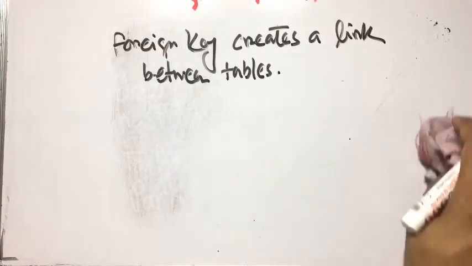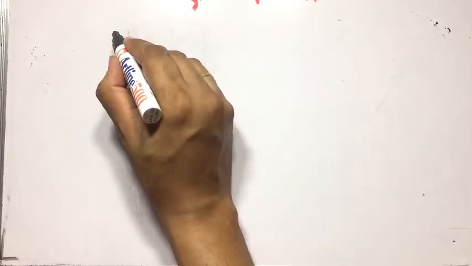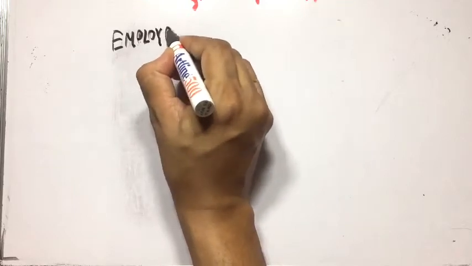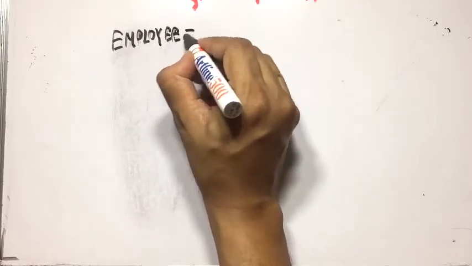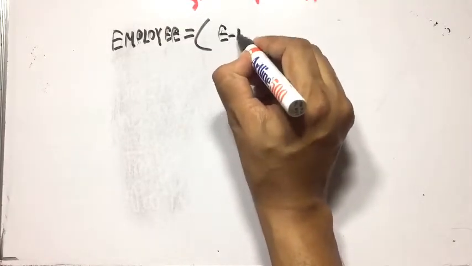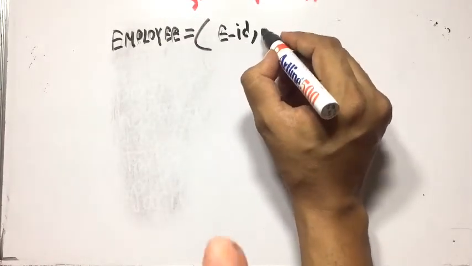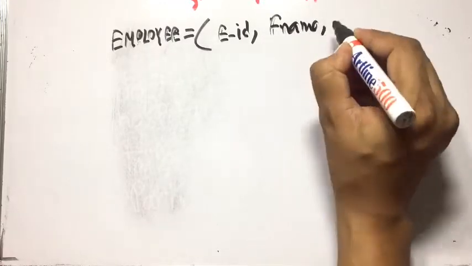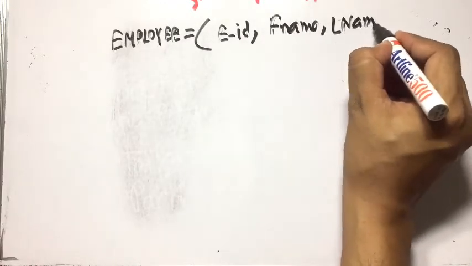For example, let us consider the example. Suppose the table name is employee, which consists of employee ID, first name (F name), last name (L name), and city.